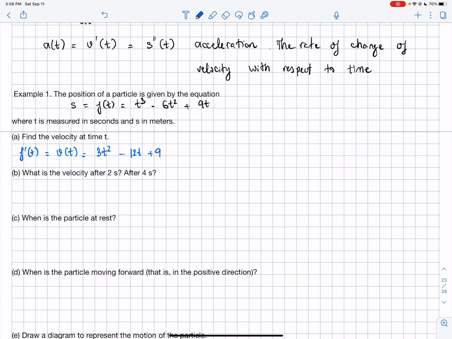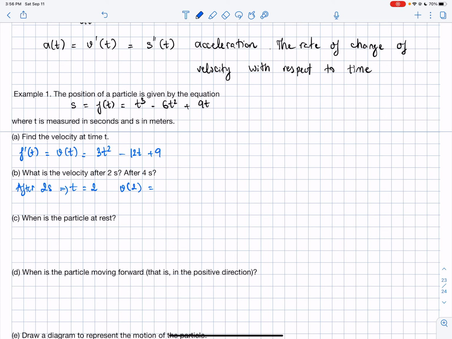What is the velocity after 2 seconds? After 2 seconds means that t equal to 2. And then we plug into the velocity function.